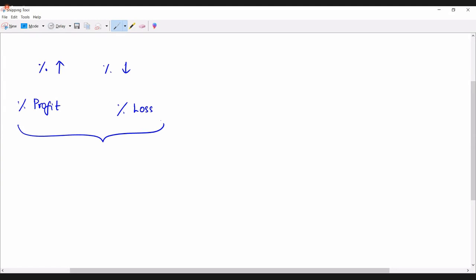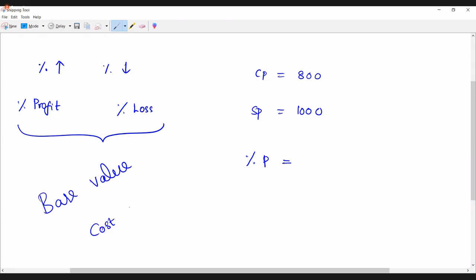So let's move on to the questions related to this. How are the questions given? For example, cost price is given as 800 rupees and selling price is given as 1000 rupees. What is the percentage profit or loss? Always remember the base value is going to be the cost price.